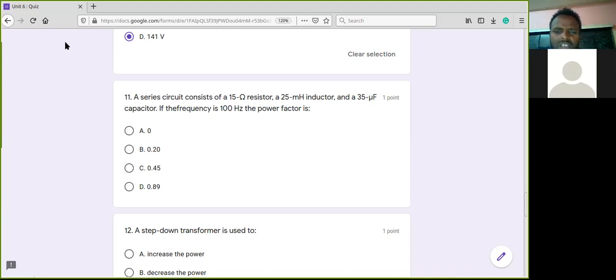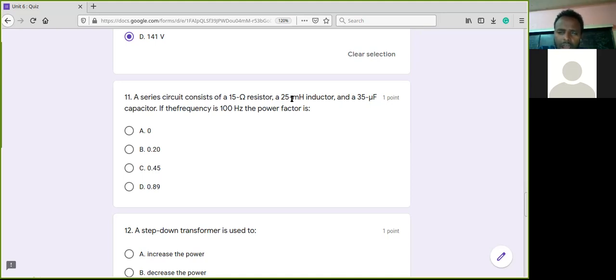you have to change the units, there is a unit, yes? Yes. So XL, the inductance is 25 times 10 to the power of minus 3.